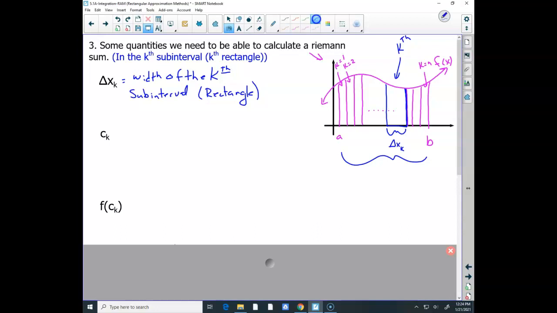Well, within that interval, we get a pick. We need to find a c sub k. And what is a c sub k? A c sub k is an x value.